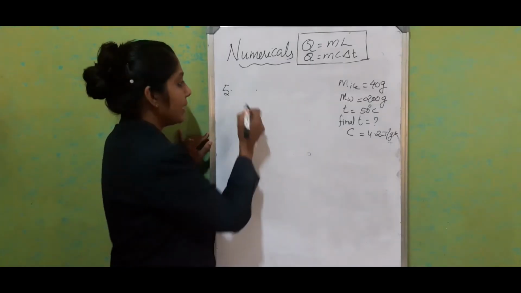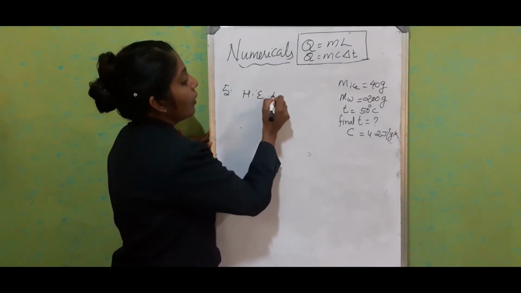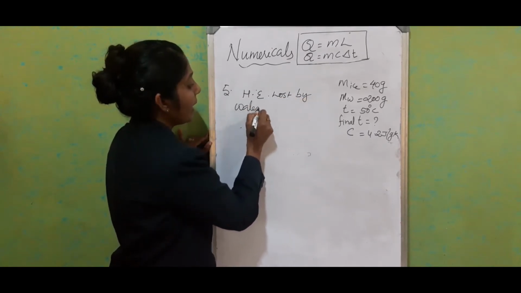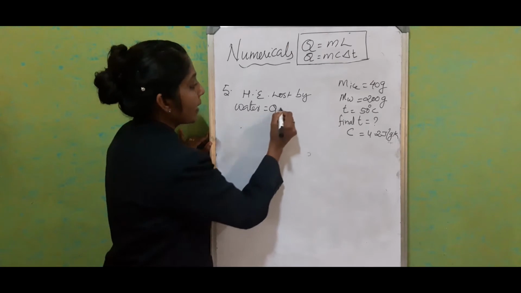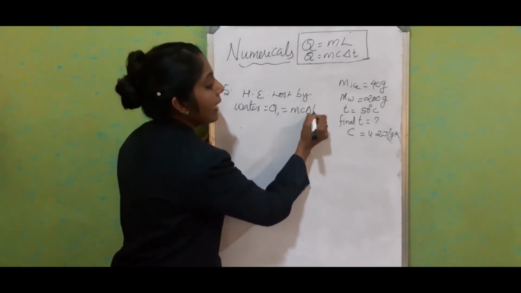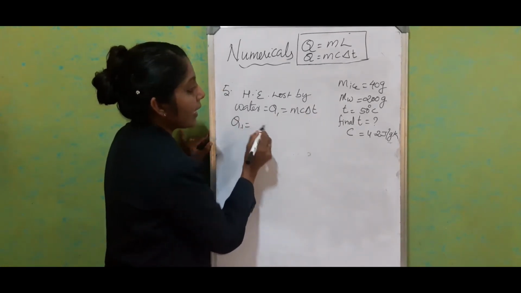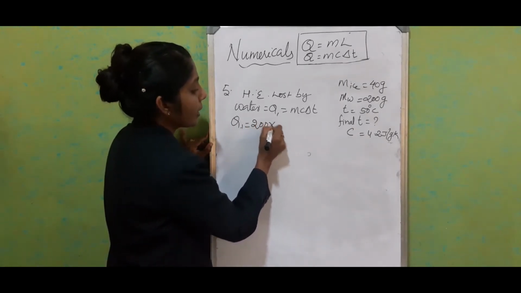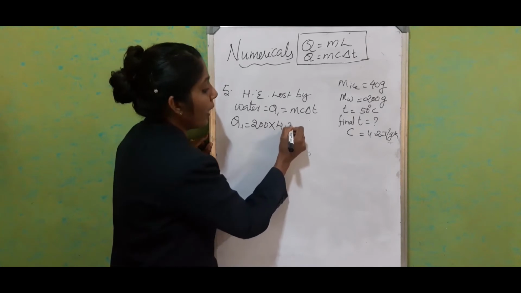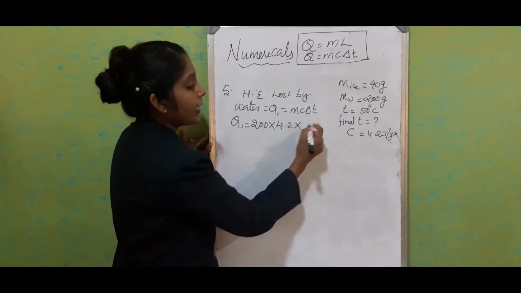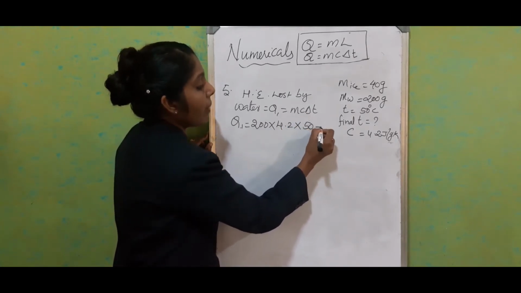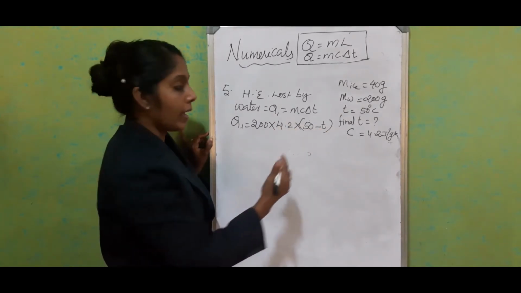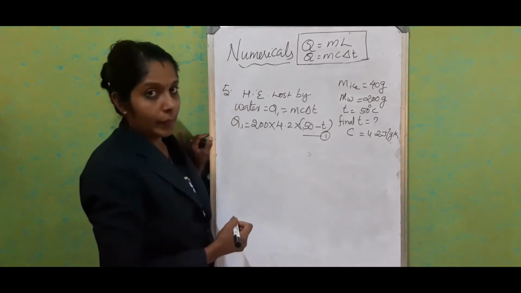Heat energy lost by water, I am writing it as Q1, is equal to mc delta T. Mass of water is 200, specific heat capacity is 4.2, and the temperature change is 50 minus T. Consider it as the first equation.